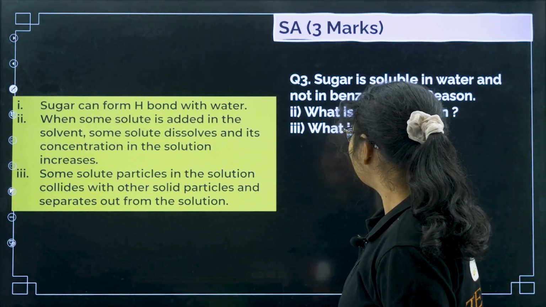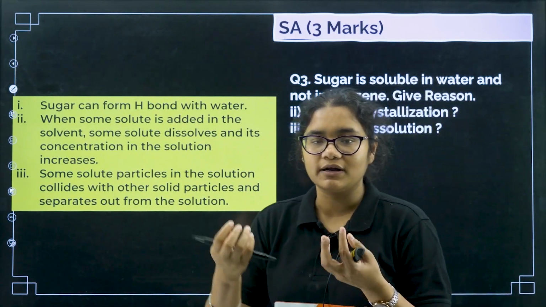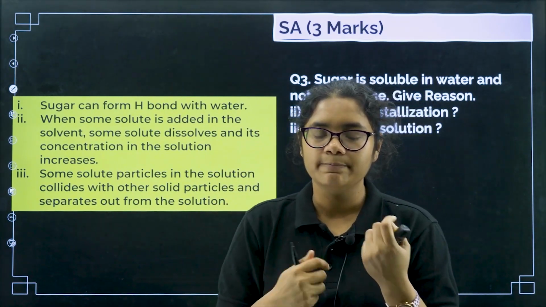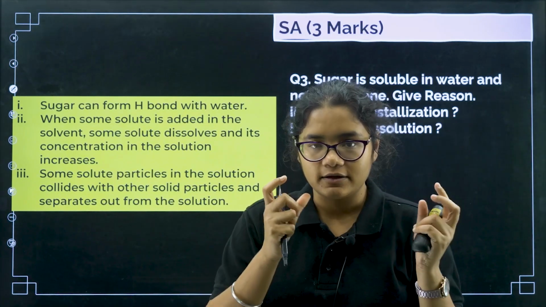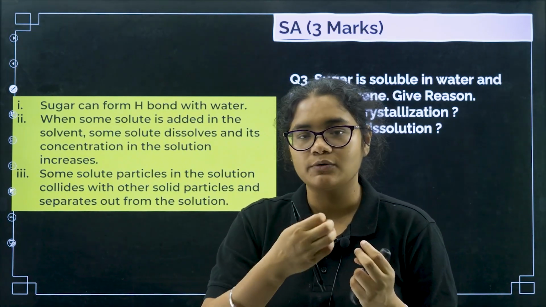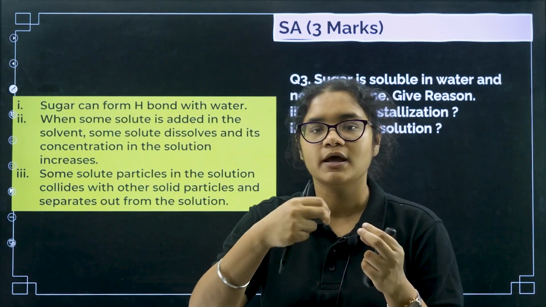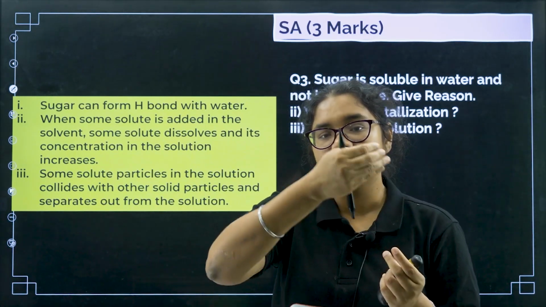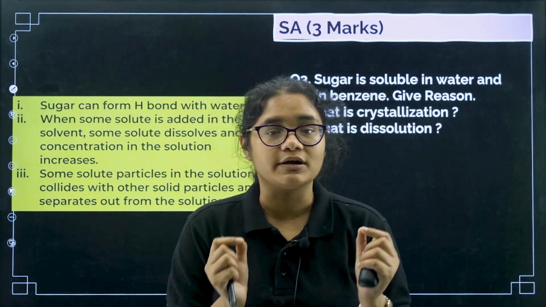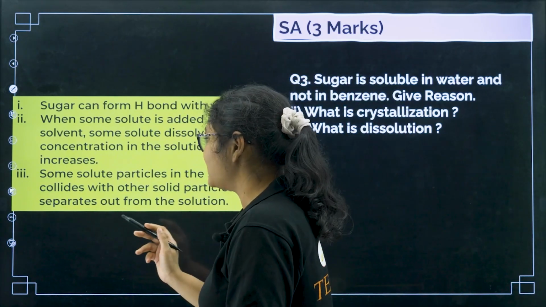Next, what is crystallization? When you dissolve more than the amount possible and add the extra amount, some particles come out of the solvent. Sorry, that is crystallization.